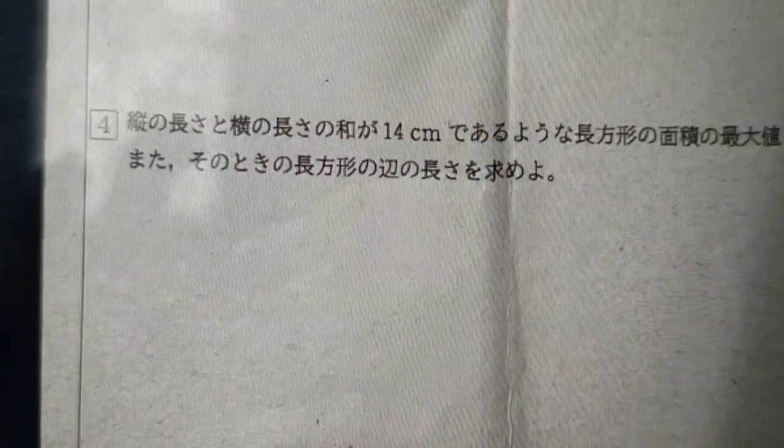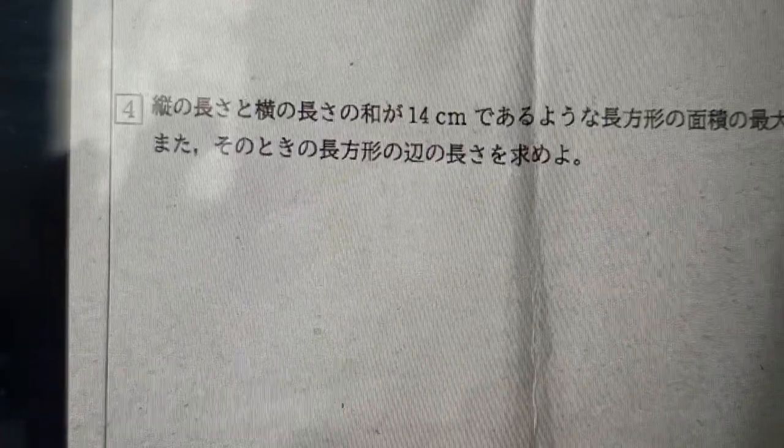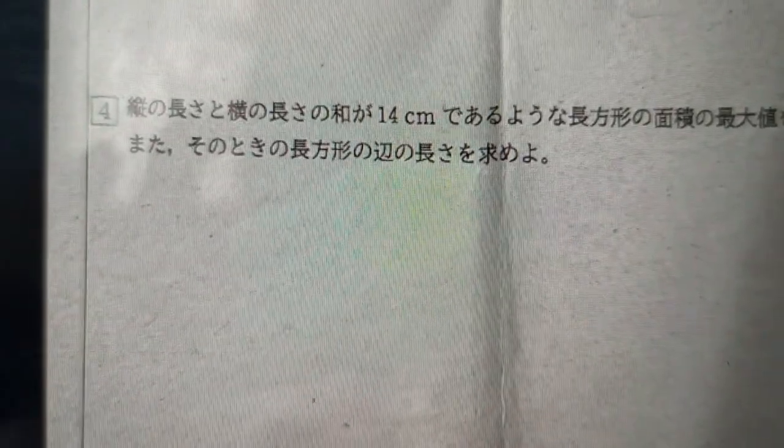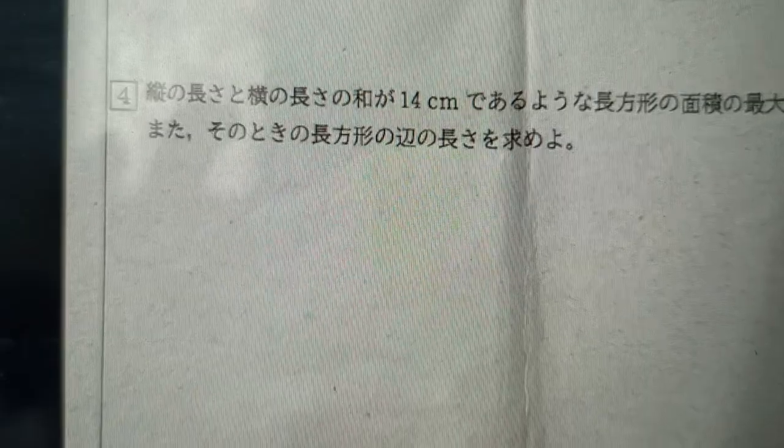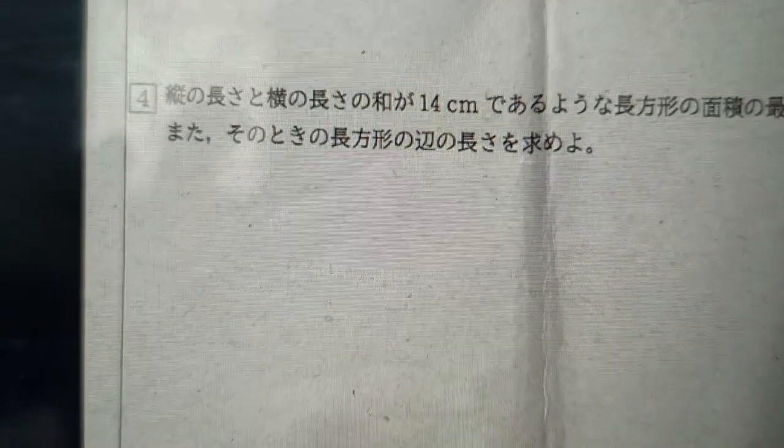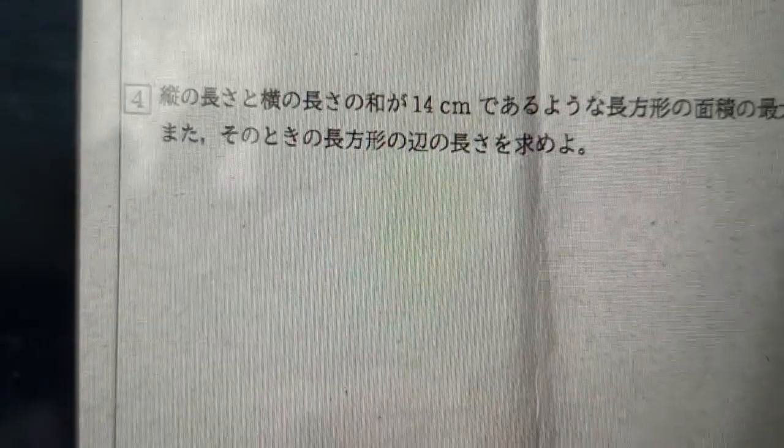The width and the length of the chohoke, rectangular, is 14 centimeter. The sum of the length and the width of the rectangular is 14 centimeter.